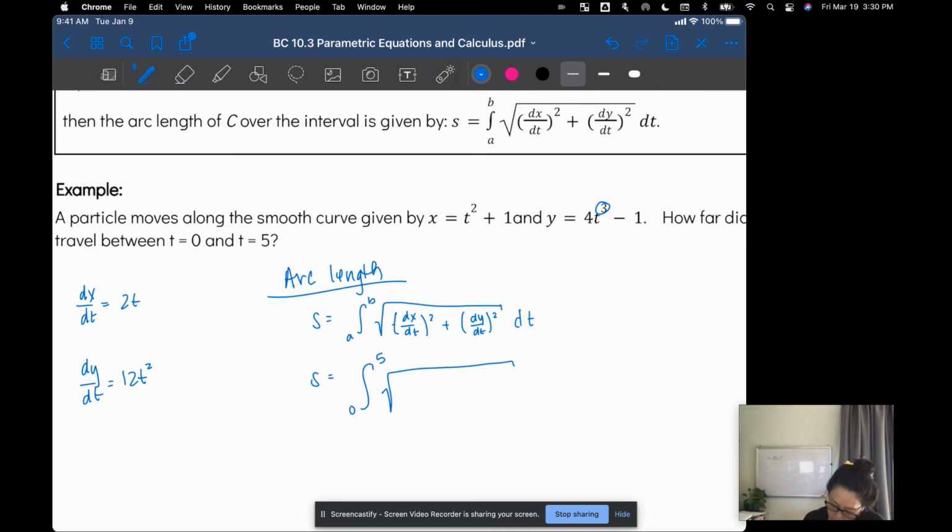Okay, I end up with the square root of (2t) squared plus (12t squared) squared, dt. Simplify this a little bit: the integral from 0 to 5 of the square root of 4t squared plus 144t to the 4th, dt. And I typed that into my calculator to give me that s is about equal to 500.815.